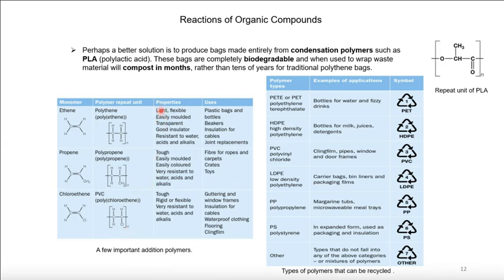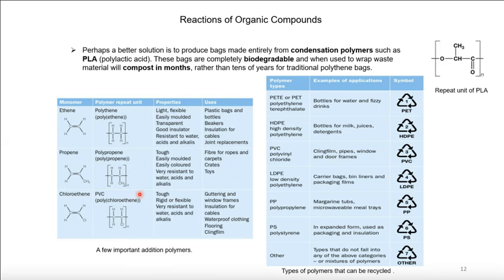Polyethene is light, flexible, easily molded, transparent, a good insulator, and resistant to water, acid and alkali. We use it in plastic bags, bottles, insulation, and other purposes. Well, as I said, it's an environmental issue.